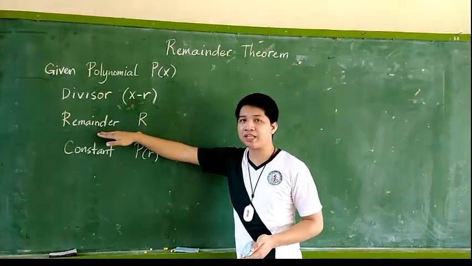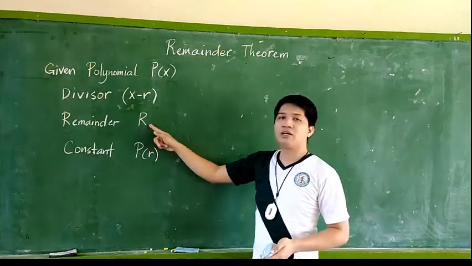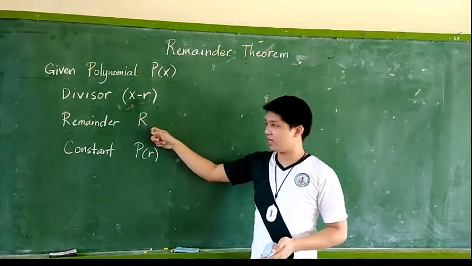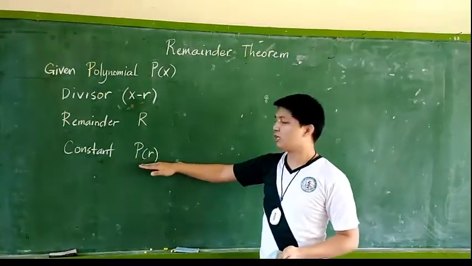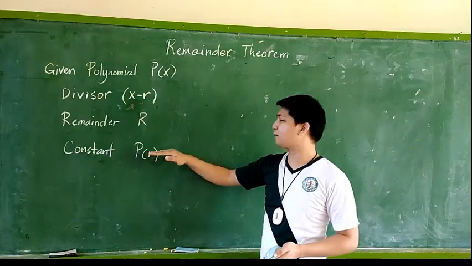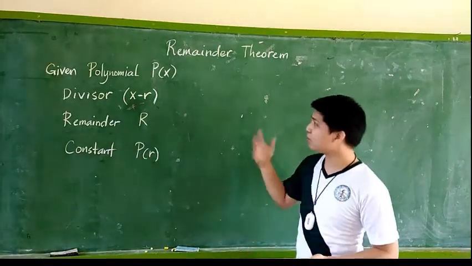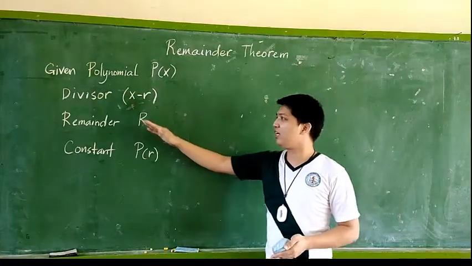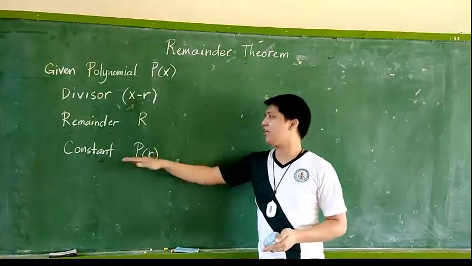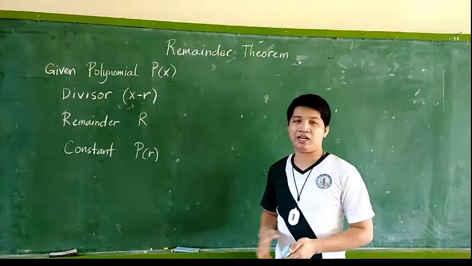For the remainder, we will be using capital letter R. And for the constant value, we will be using p of r. So again: given polynomial p of x, divisor x minus r, remainder R, constant p of r.